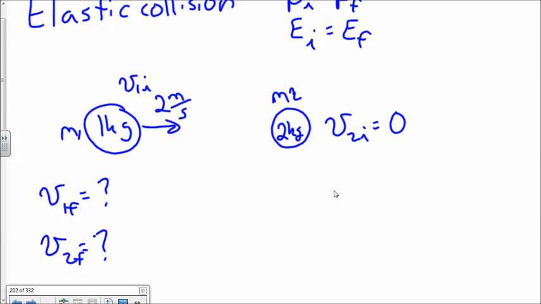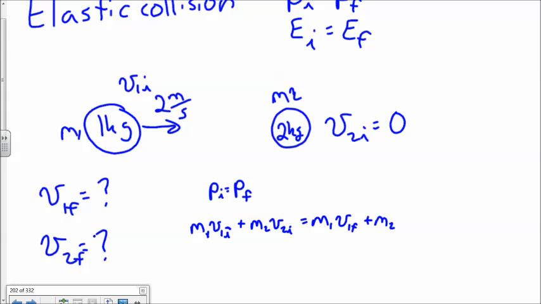So I can say that first, Pi is equal to Pf, or m1 v1i plus m2 v2i is equal to m1 v1f plus m2 v2f.